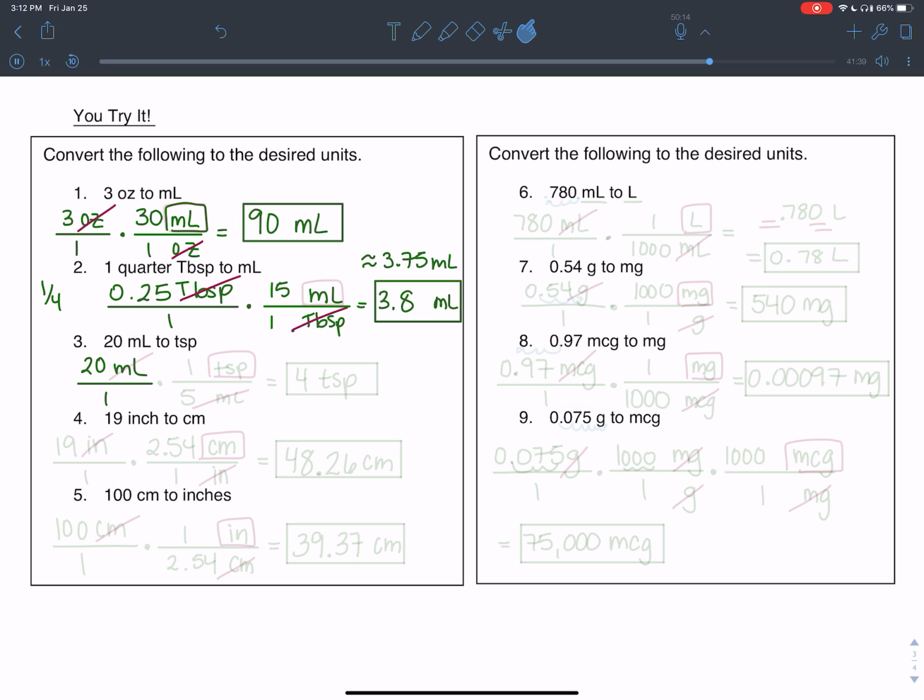I'm going to multiply it by the fraction with milliliters in the bottom and teaspoons in the top. There are 5 milliliters per every 1 teaspoon, right? And again, noticing the canceling of my milliliters and what's left with teaspoons, what I end up with is 20 over 5, which is 4 teaspoons.